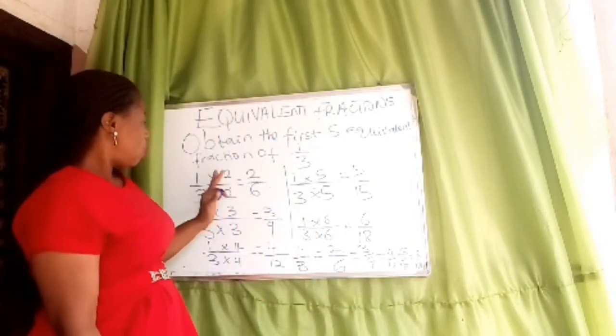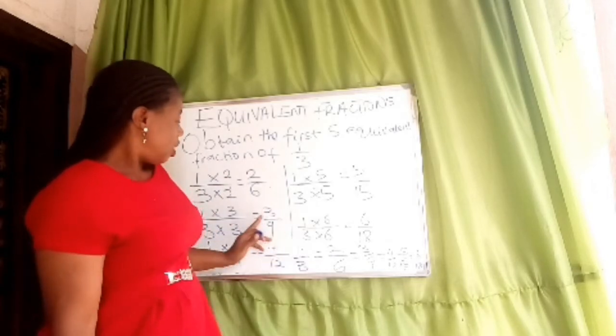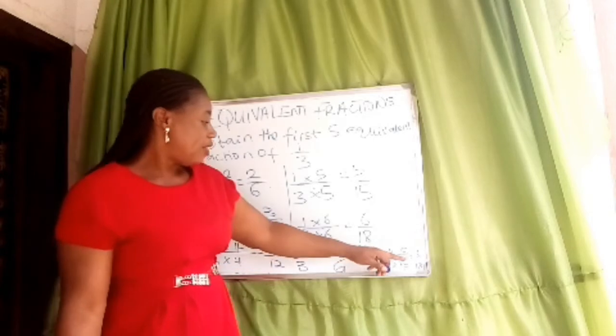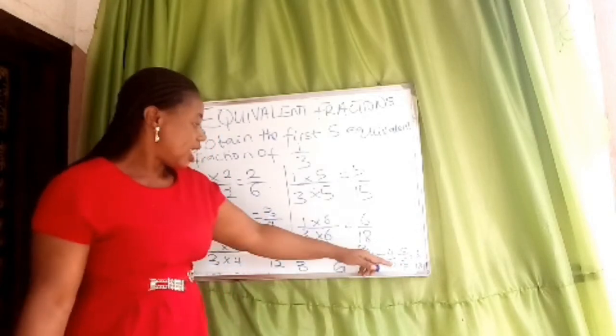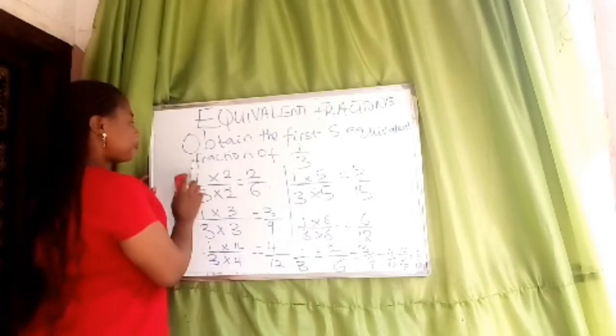So we have seen from this is 2/6 here, 3/9 is here, 4/12 is here, and 5/15 is here, 6/18 is from here.